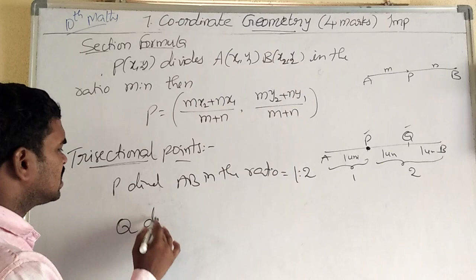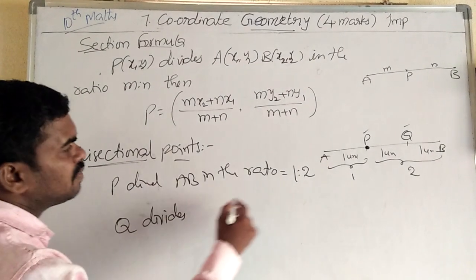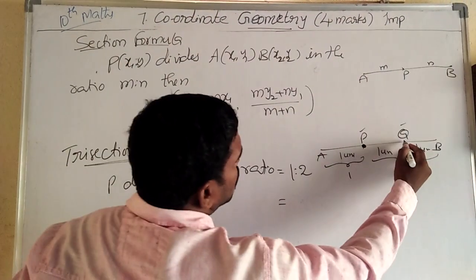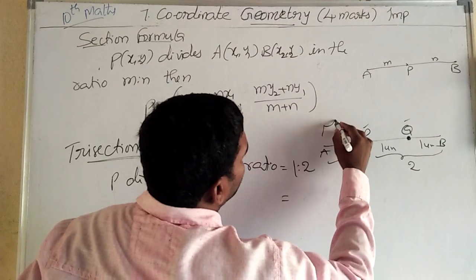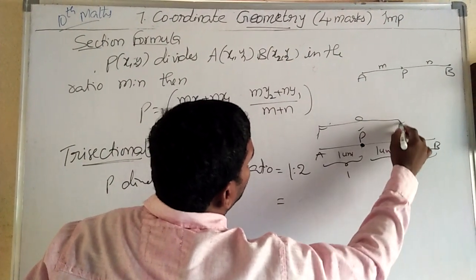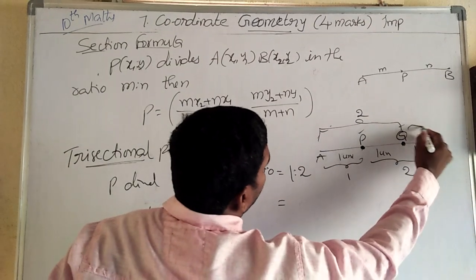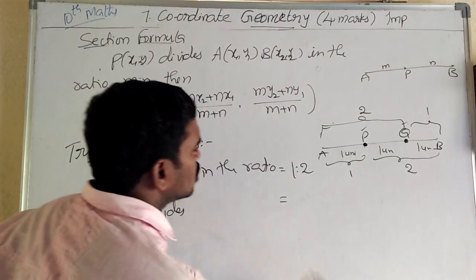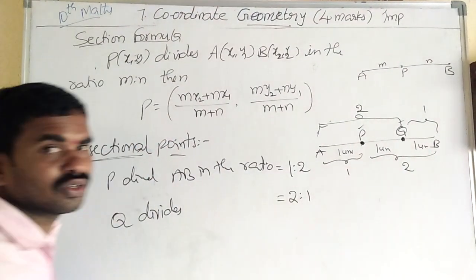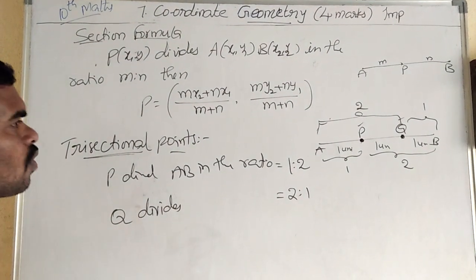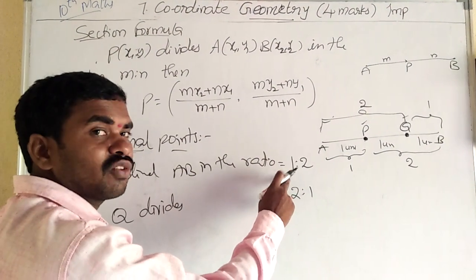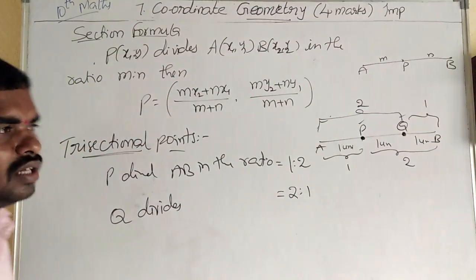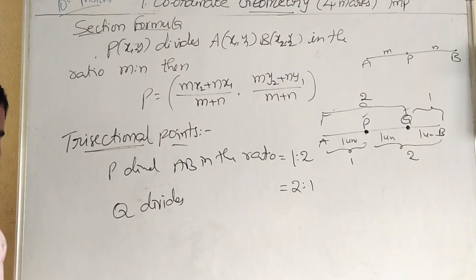Similarly, Q divides AB in the ratio, from A to Q is 2 units, and from Q to B is 1 unit. So that is 2 is to 1 ratio. So trisection points are the points which divide the line segment in the ratio 1 is to 2 and 2 is to 1.